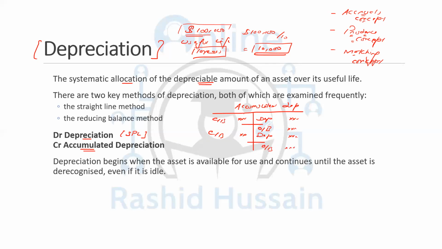Now, why are we making the accumulated depreciation account? Because when we have the accumulated depreciation, at any point in time, we will be able to calculate the carrying value.